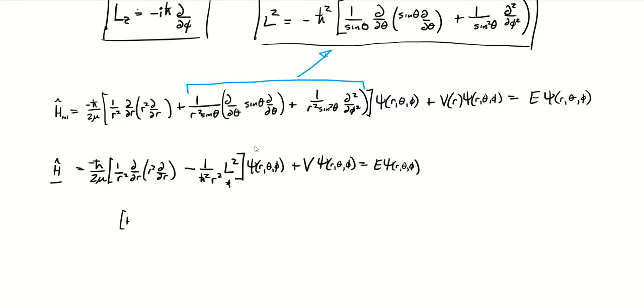So we basically just got to the point where we know that our L squared operator commutes with the Hamiltonian, which we know means they share eigenstates, right?